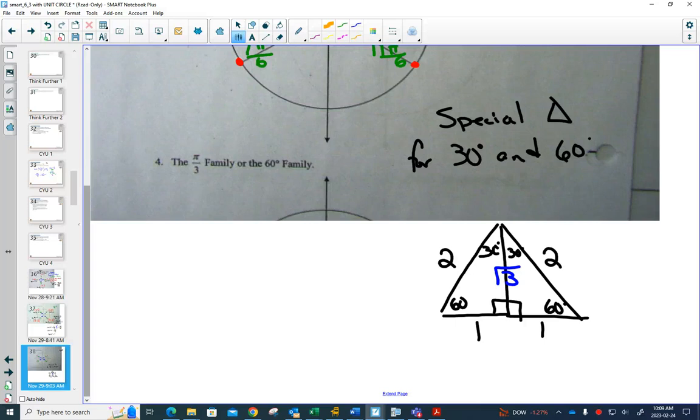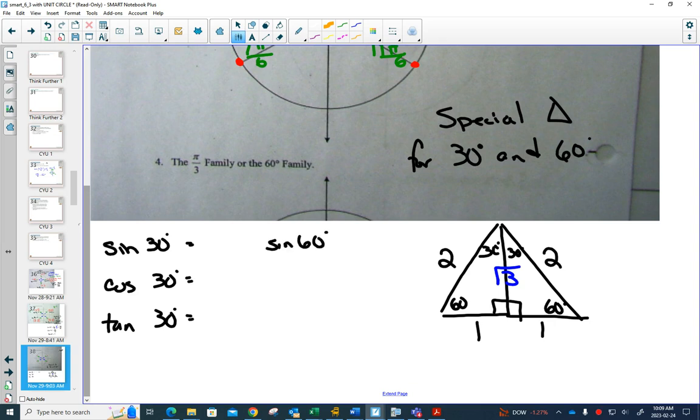And what this lets us do is we can now do sine of 30 degrees, cos of 30 degrees, tan of 30 degrees, in addition to sine of 60 degrees, cos of 60 degrees, and tan of 60 degrees.